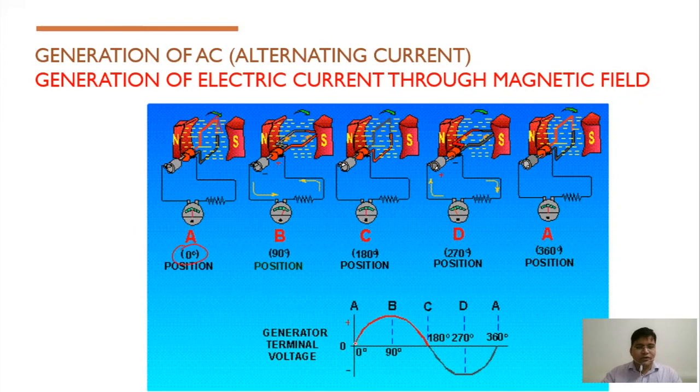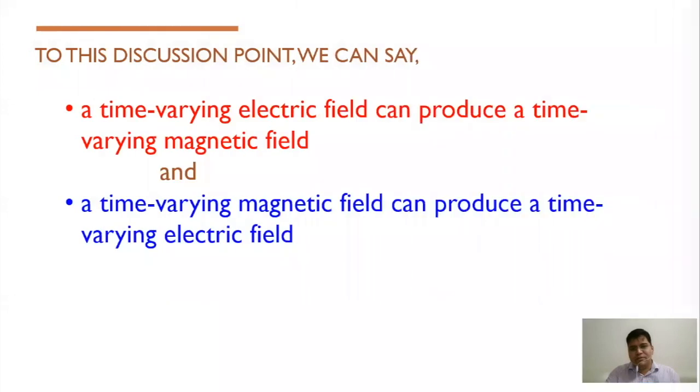You can see the phase, and at the 90 degree condition, what the direction is and how the current is moving, and now it is the 180 degree direction. At 180 degree, what will be the amount and the phase of the generated current can be estimated through this graph. So we can say AC current, a sinusoidal wave, is generated through this experiment, with the rotor moving within the magnetic field.